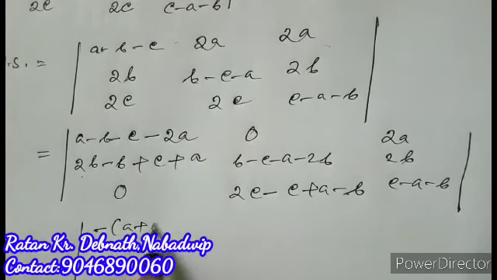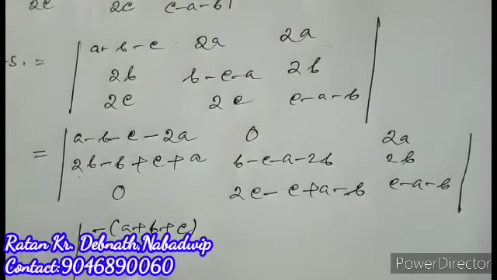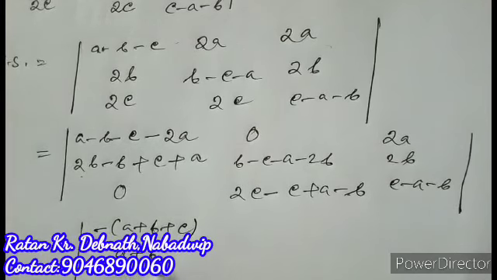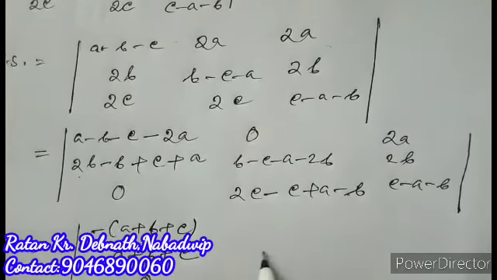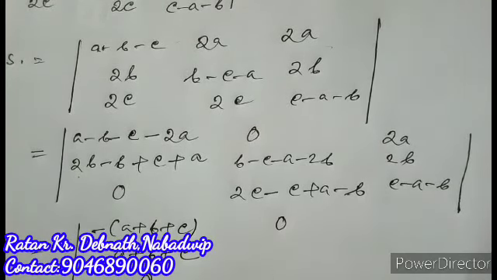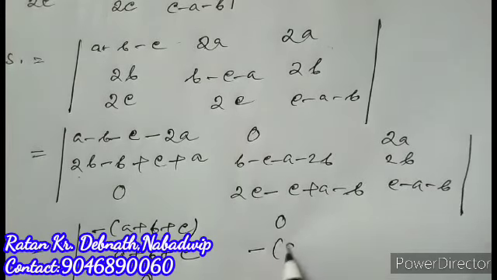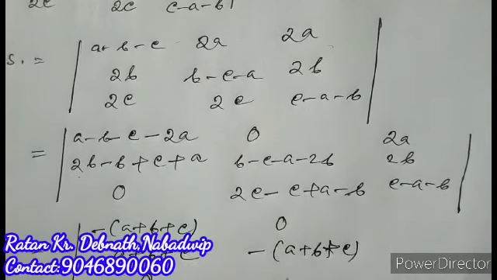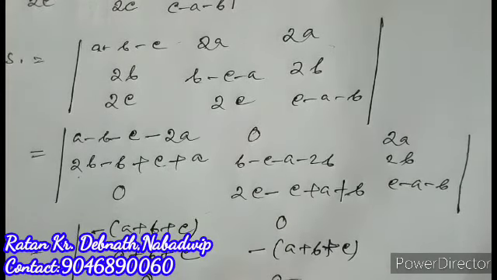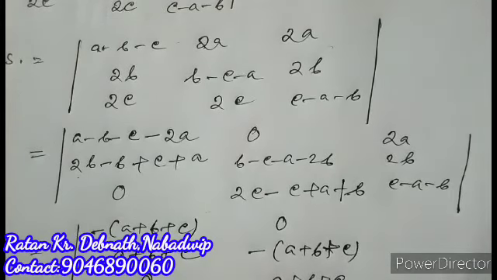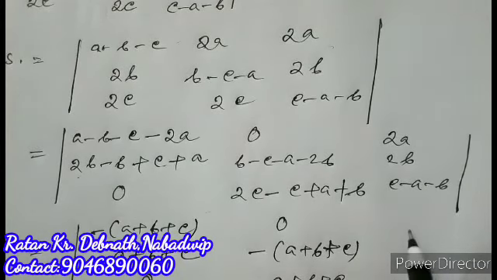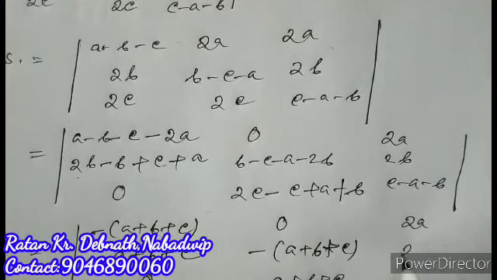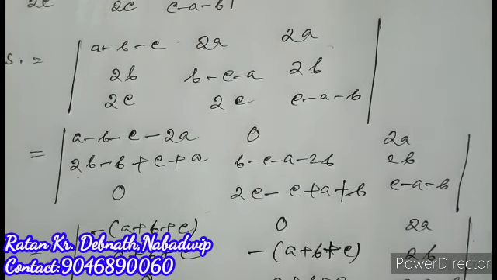Minus of a plus b plus c, a plus b plus c, 0, 0, minus of a plus b plus c, so a plus b plus c, 2a, 2b, c minus a minus b.